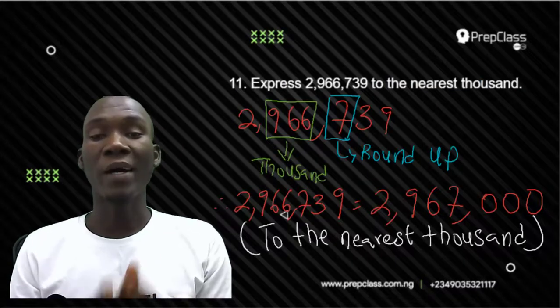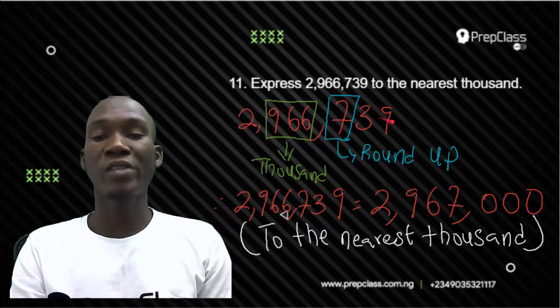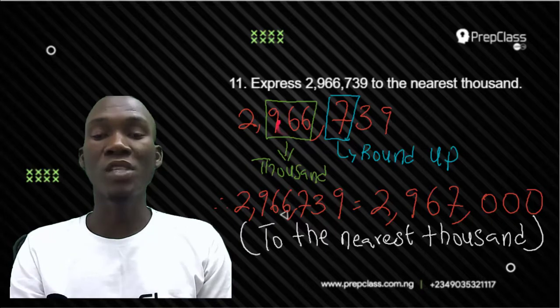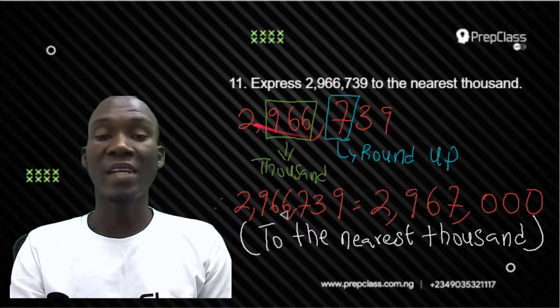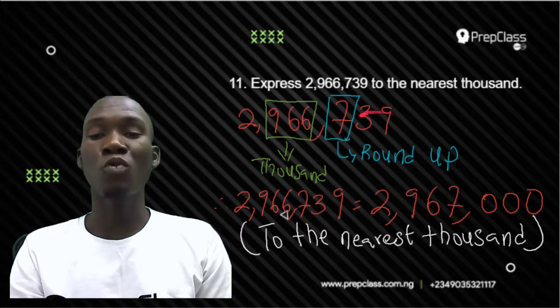Now we have the number 2,966,739. Now we have to identify the position of this number. That is, we have 2 representing the million, 966 representing thousand, 739 which is the hundred.